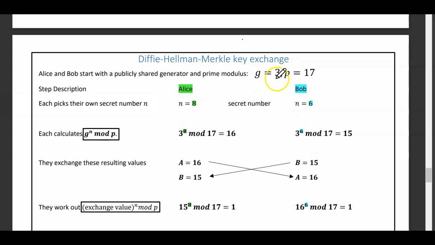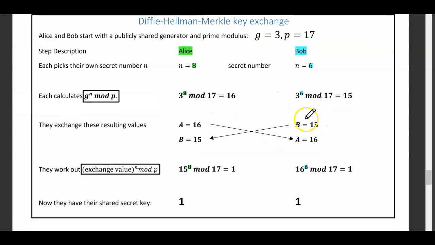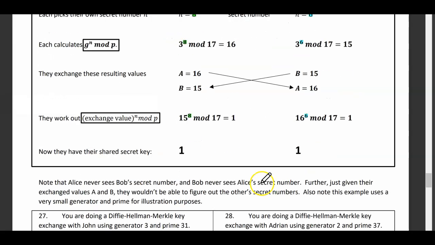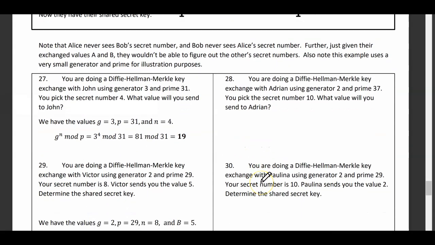And the G starts at 3, but then it changes to whatever you're given, or whatever they're giving you. So here we have an example. Doing a Diffie-Hellman-Merkle key exchange with Adrian using generator 2, so that's G, and prime number 37, that's P. Your secret number, that's n. What value do you send to Adrian? G to the n mod P.